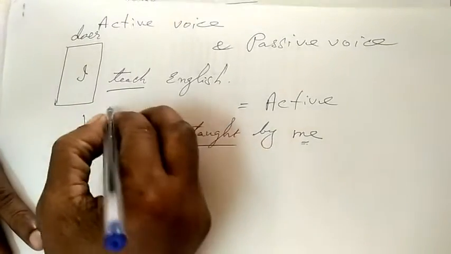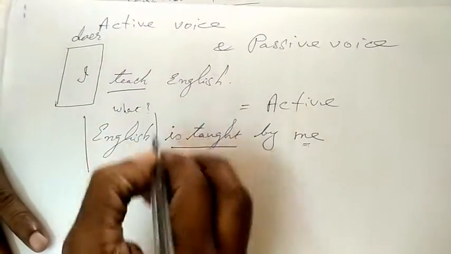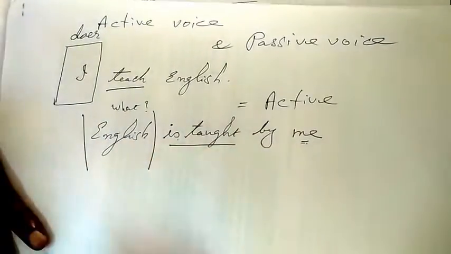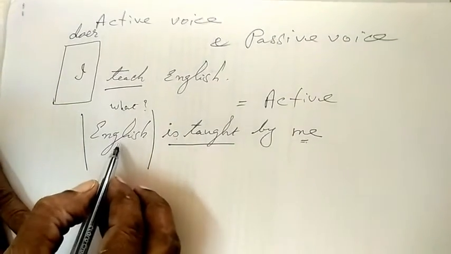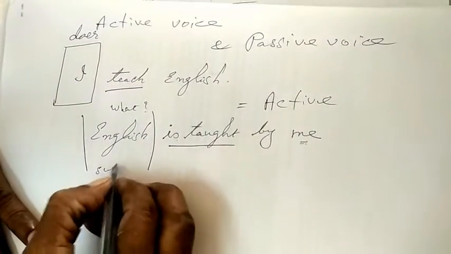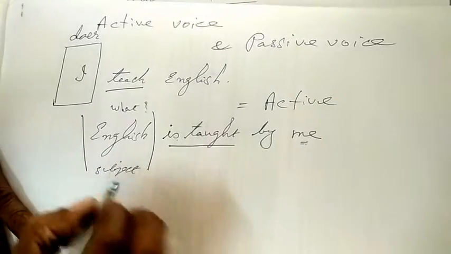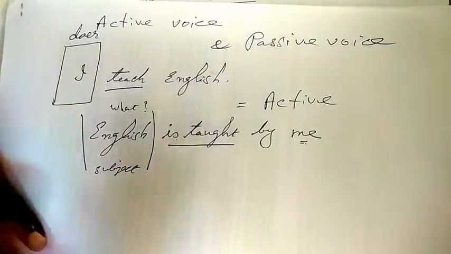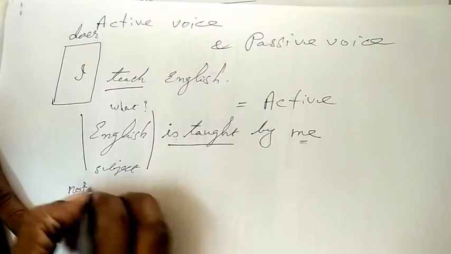What is taught? English is taught. So, in the place of subject, we have English, but the subject is not the doer of the action.